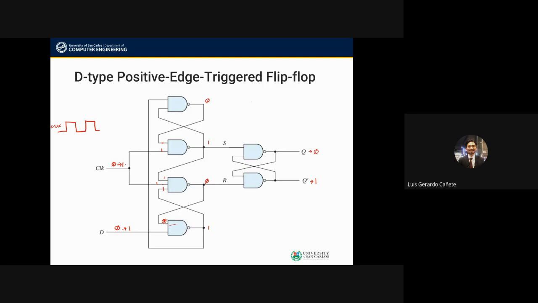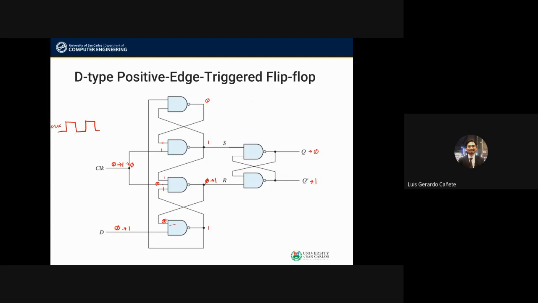When we transition this from 1 back to 0, this goes back to 0, so this goes back to 1. When this goes back to 1, 1, 1 would mean that the latch maintains this value. So once again, we don't have any change.